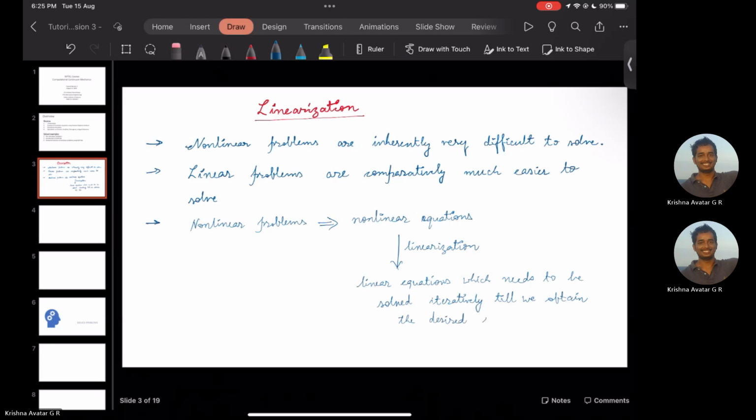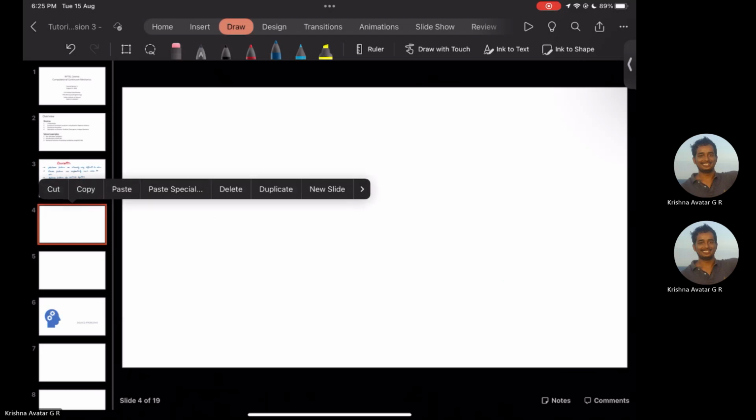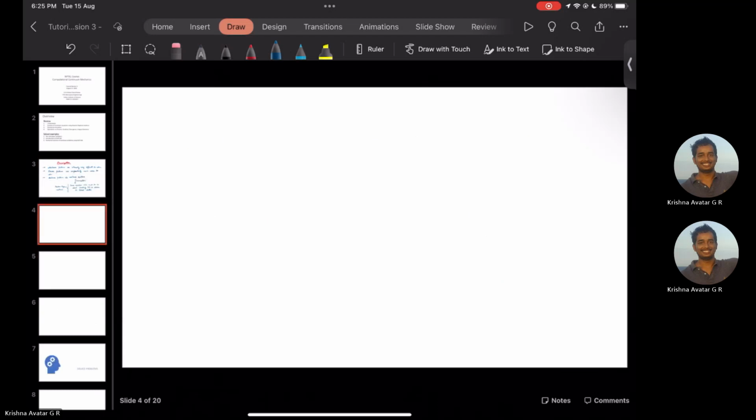This is the goal, the process of linearizing that we're going to talk about. One of the methods to solve this is called the Newton-Raphson method.